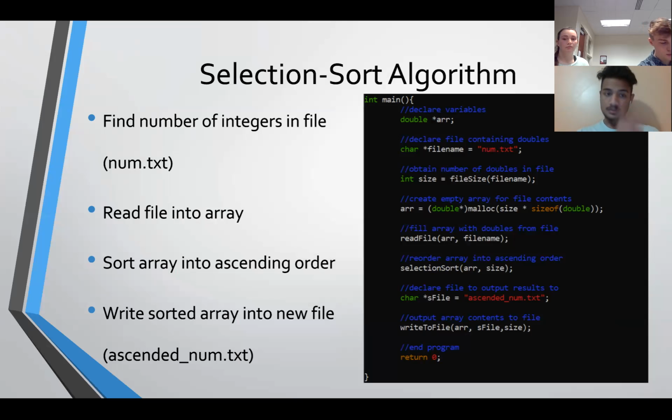So first, for this algorithm, we find the number of integers in the file num.txt. Then we read the file into the array, sort the array into ascending order, and write the sorted array into the new file, ascend_num.txt.